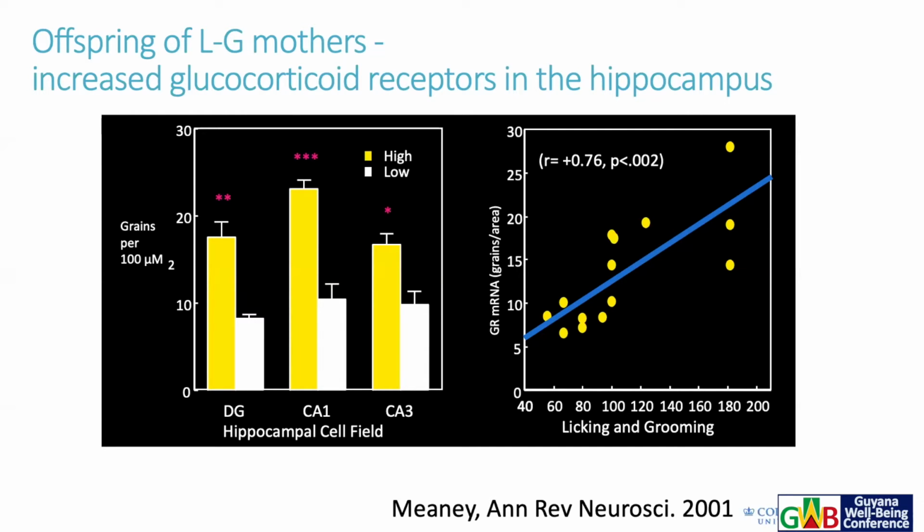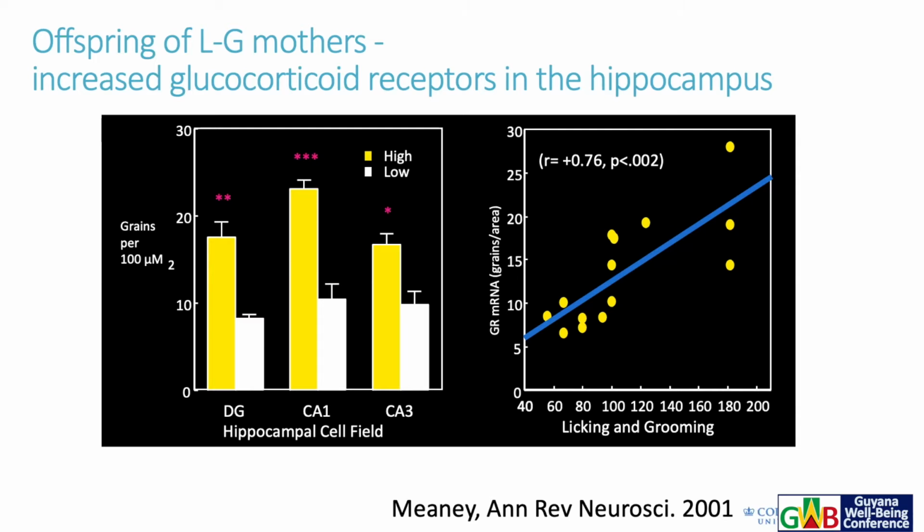And so the low licking and grooming mothers have pups with much lower levels of receptors that tend to be insensitive to the levels of cortisol. So it's almost like you are cooking and you can't taste the salt and you keep dumping salt because you can't feel it, and your preparation becomes very salty. This is what happens by not sensing the cortisol. This rat becomes very stressed and very highly responsive to stressors.